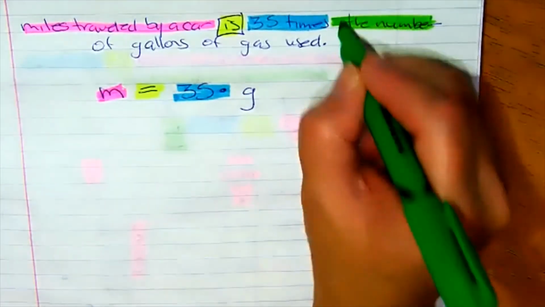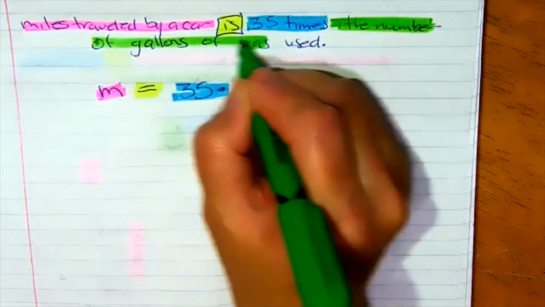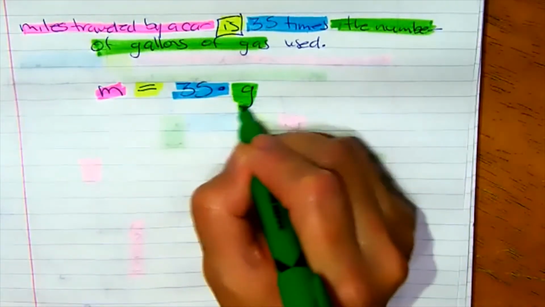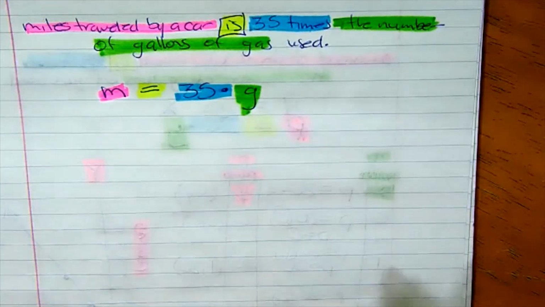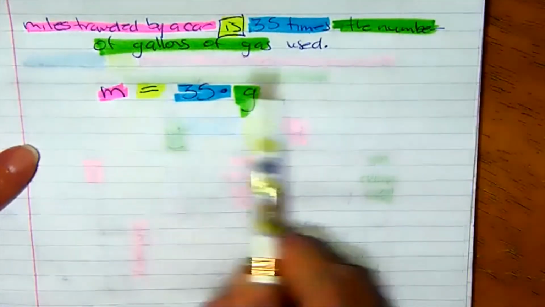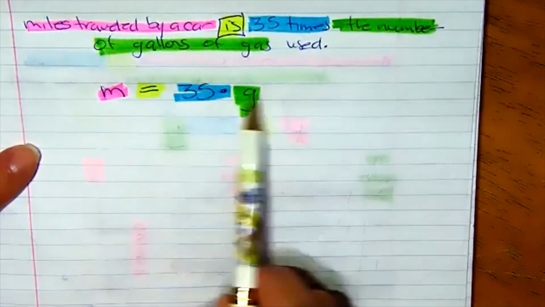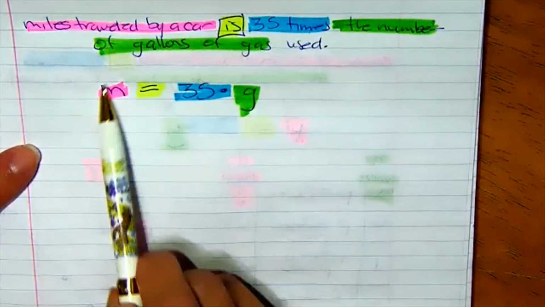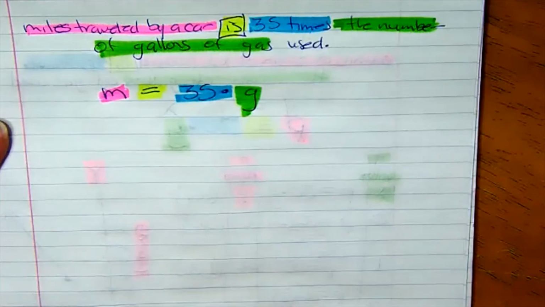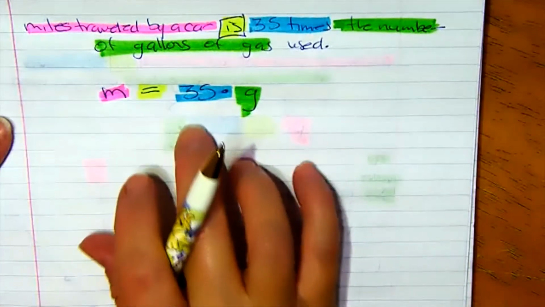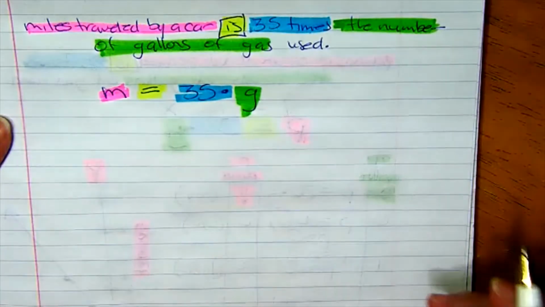The number of gallons of gas, G. So we have now taken this word sentence and turned it into a number sentence. And now we need to graph this function.